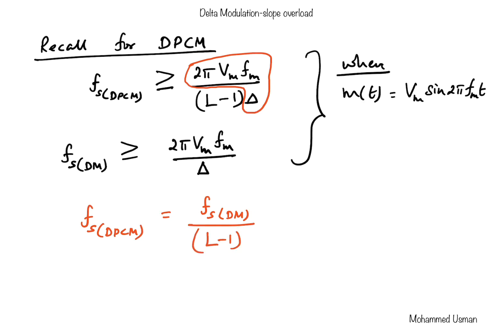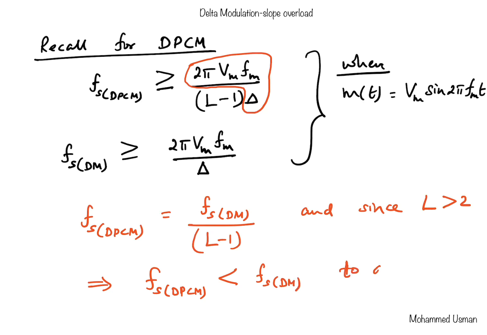And since L is usually going to be greater than 2, it implies that the sampling rate required for DPCM is less than the required sampling rate for delta modulation to avoid slope overload.